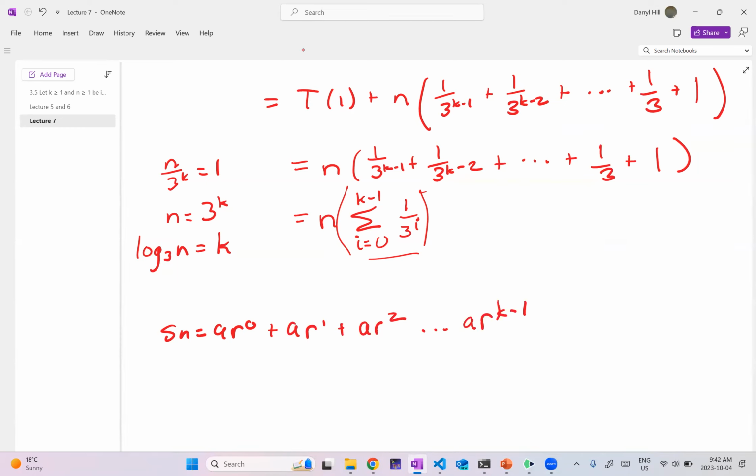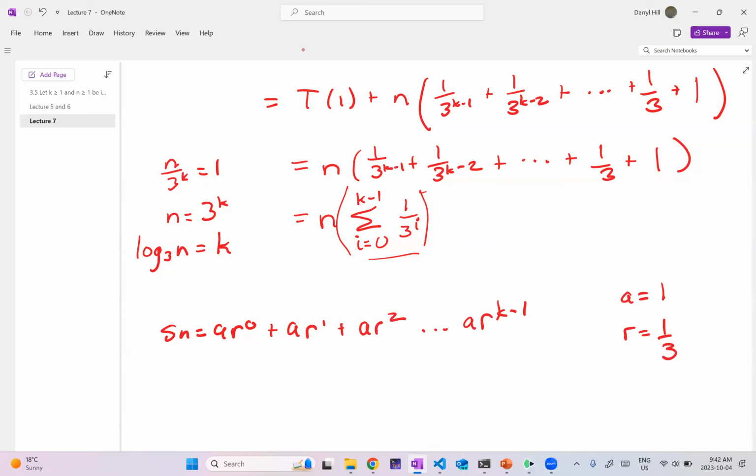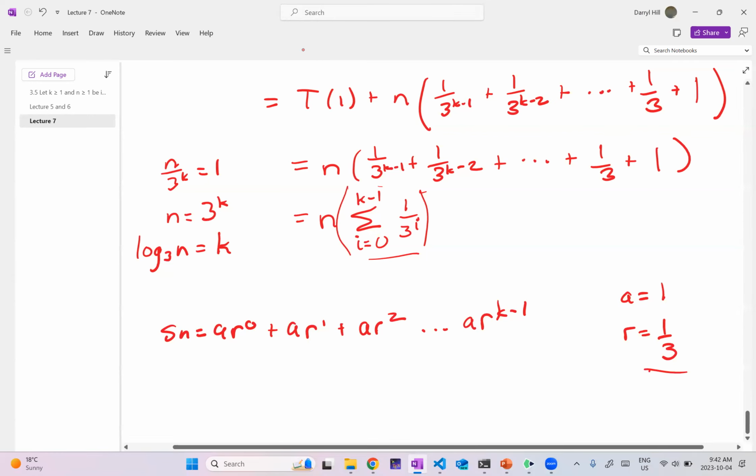And so this is an expansion, a representation of this summation. It's a geometric series. In this geometric series, a is my starting value and r is the common ratio. Every time I add a new term, I multiply by 1/3. If I plug in r equals 1/3 and a equals 1, I get this summation.